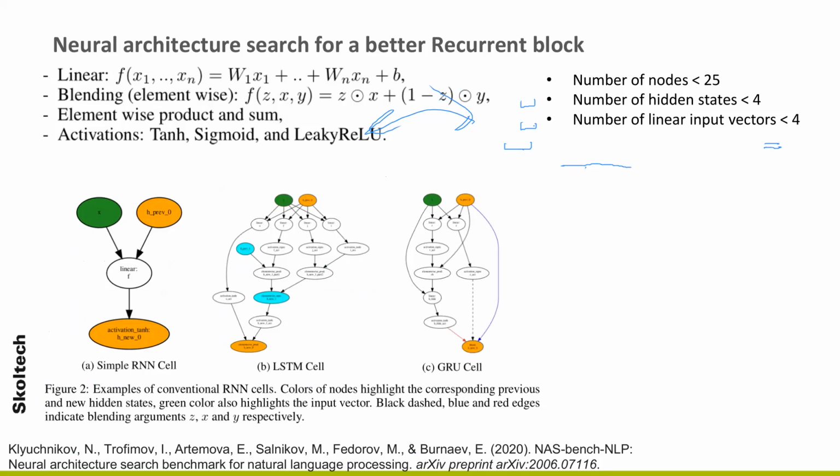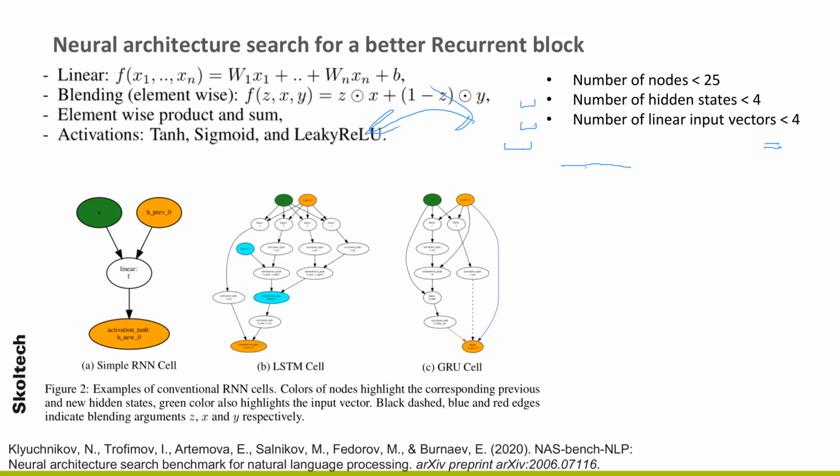Also, another paper by my colleagues, Nikita Klyushnikov, Ilya Trofimov, Ekaterina Artemova, Mikhail Salnikov, Maxim Fedorov, and Evgeny Burnaev. Can we try to invent an architecture using neural architecture search? Can we try to invent a better LSTM block?